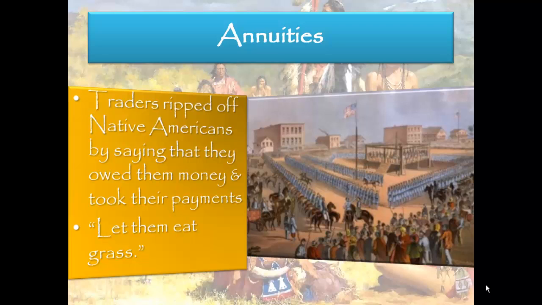And when confronted with the fact that many of the Dakota Sioux were starving, and it was brought to the attention of the traders by their chief, they were told to let them eat grass or their own dung, which was a cruel response to what was going on by people who had been taking their money.